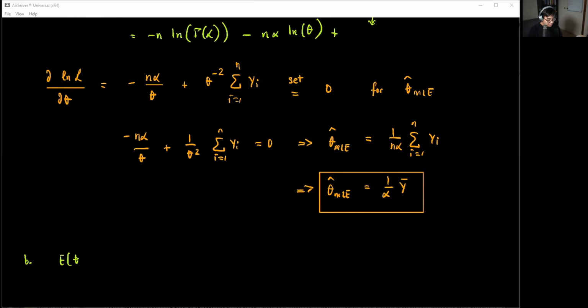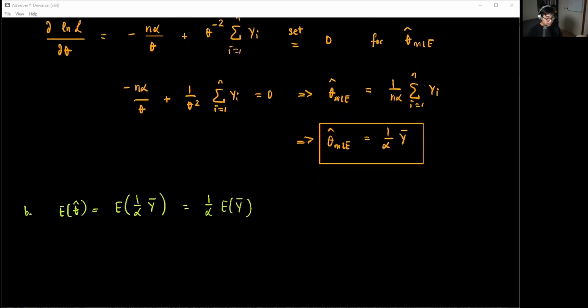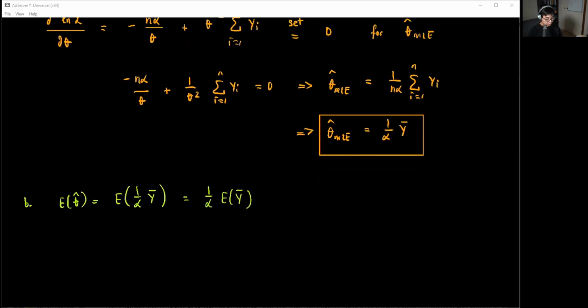expected value of theta hat is equal to the expected value of 1 on alpha y bar. Okay. Now, in this example here, 1 on alpha is a constant. So this is 1 on alpha, expected value of y bar. Okay, now we should know the following. Okay.